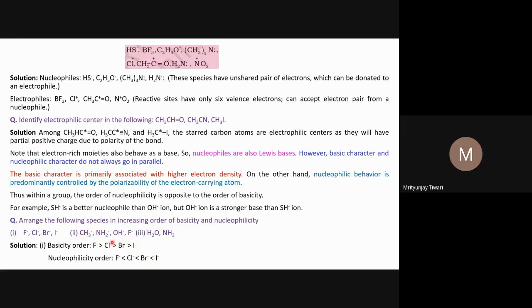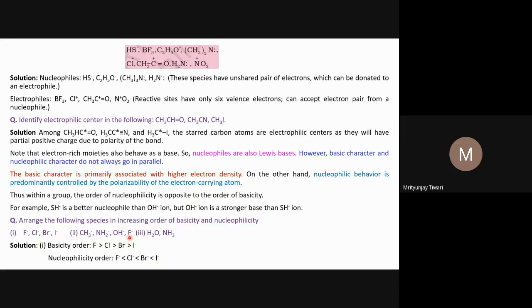The carbon atom has the negative charge in one species, and in the others the negative charge is on nitrogen, oxygen, and fluorine. The size of the atoms carrying the negative charge decreases in this direction, so their effective nuclear charge increases and polarizability decreases, and because of that the nucleophilicity order will be in this direction. So CH3 minus will be the strongest nucleophile, then NH2 minus, then OH minus, then F minus.